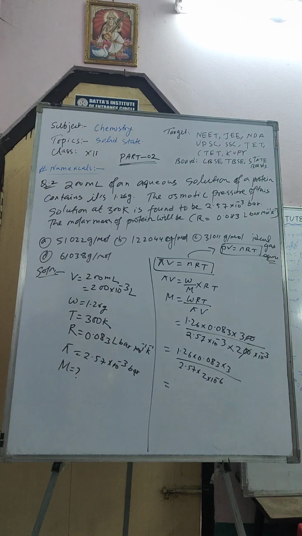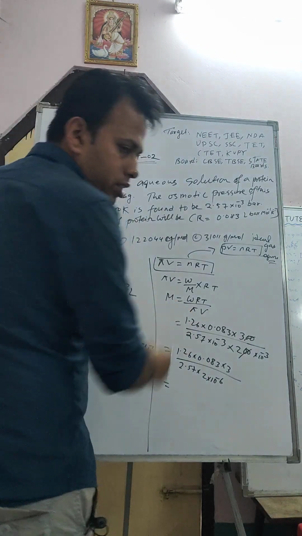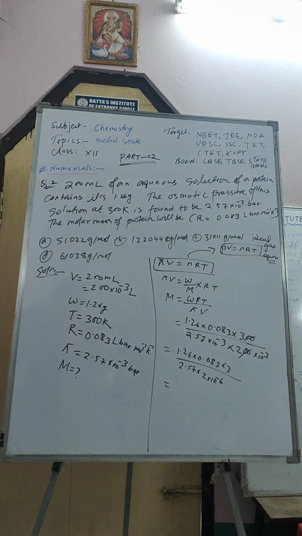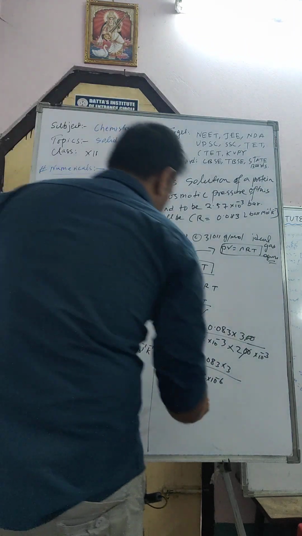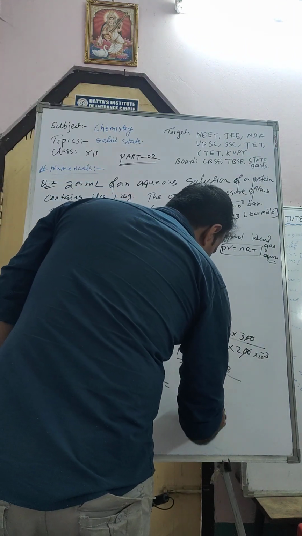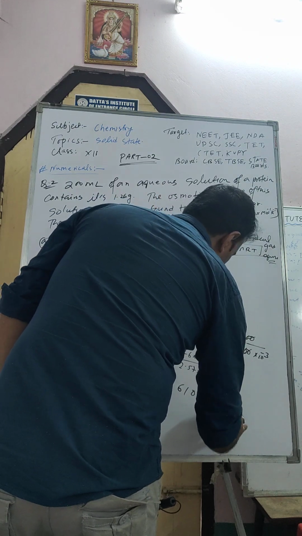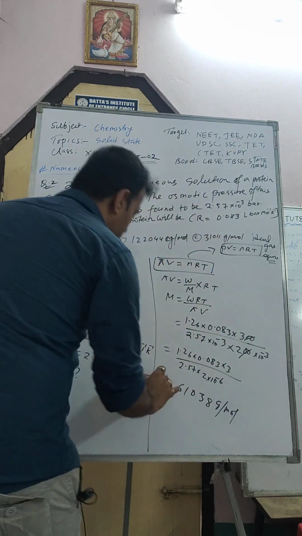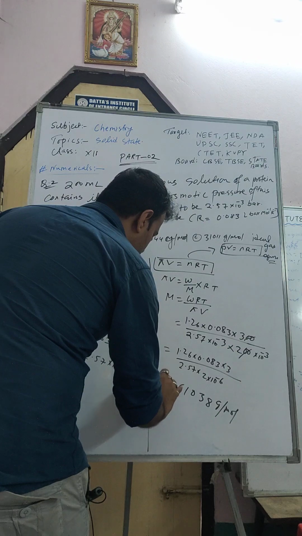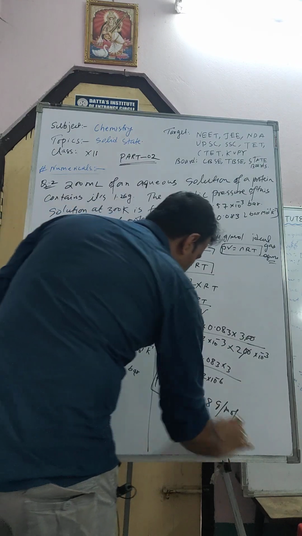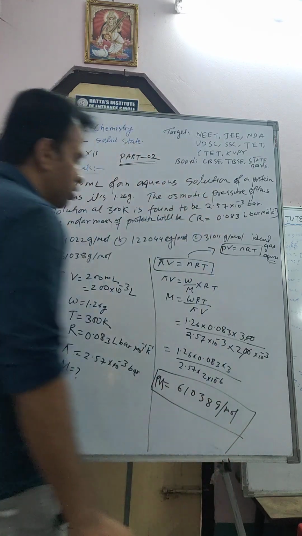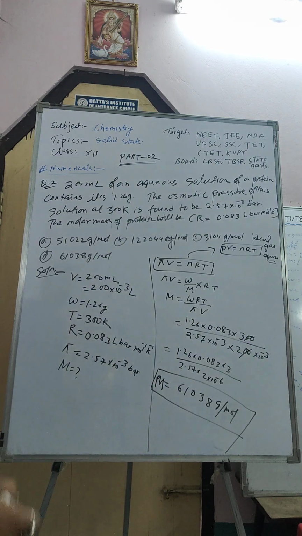If you simplify this, it becomes 61038 gram per mole. This is the molecular mass of the protein, 61038 gram per mole. So let me explain again in short.